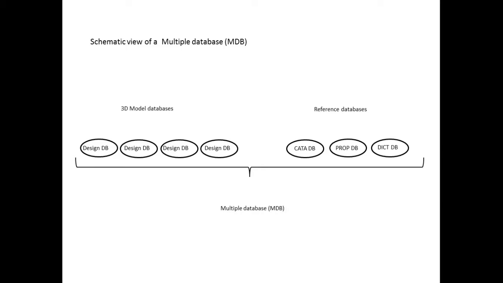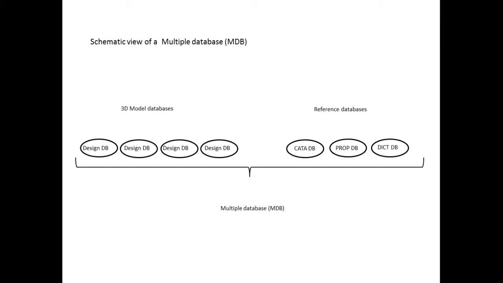Reference databases are those that hold the data that are references for designers based on their discipline. This type consists of cata databases that hold the catalogs of piping, steel structure, and HVAC; prop databases that hold the properties of materials for projects like density, Young's modulus, expansion coefficient, and so on; and finally, dict databases that hold UDAs and UDETs of project items.